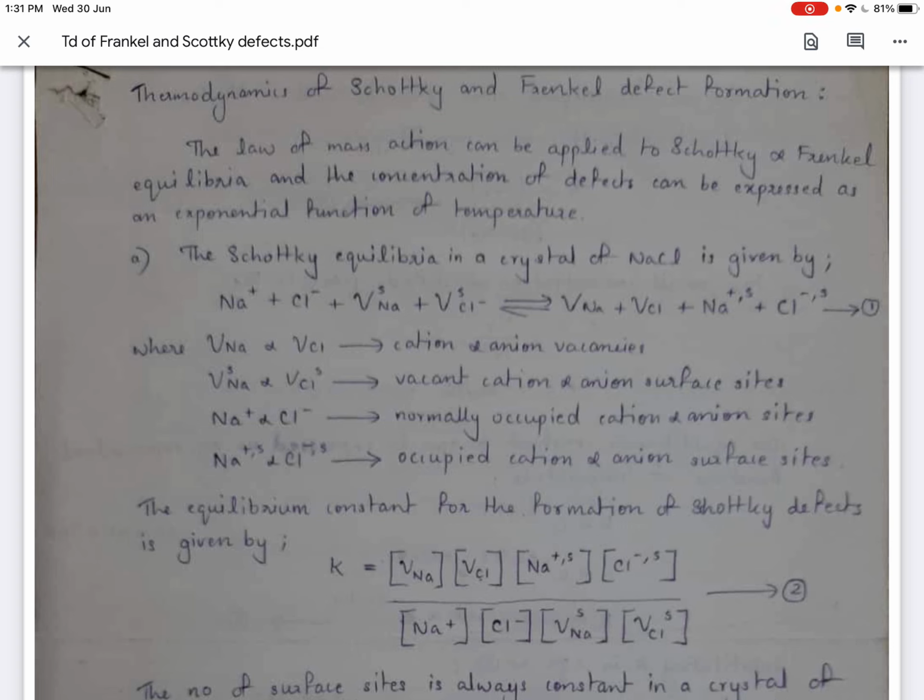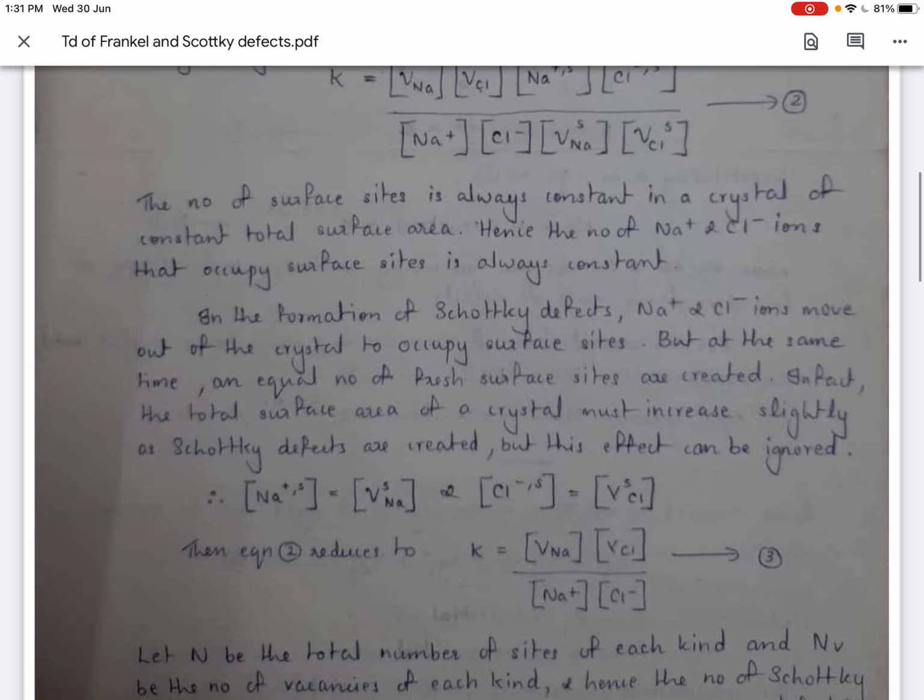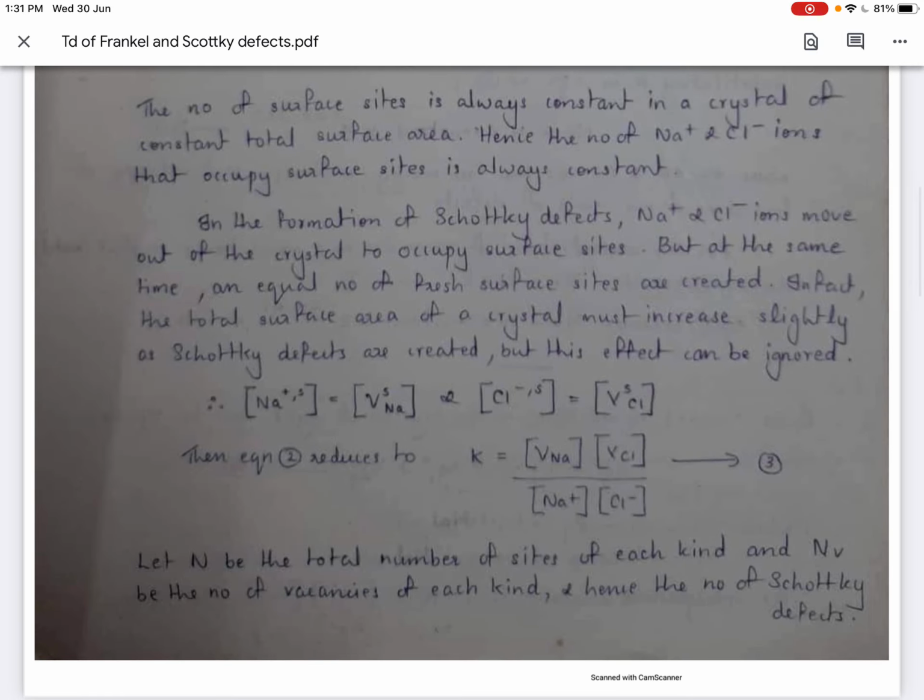All are represented by their concentration. That is equation number 2. The number of surface sites is always a constant in a crystal of constant total surface area. Hence, the number of Na+ and Cl- ions that occupy the surface sites is always constant.